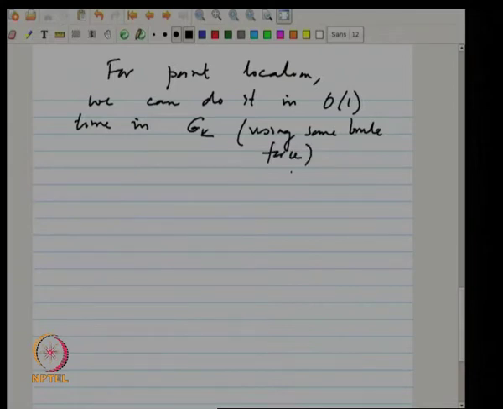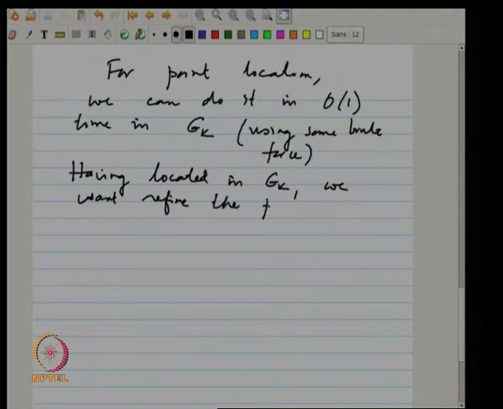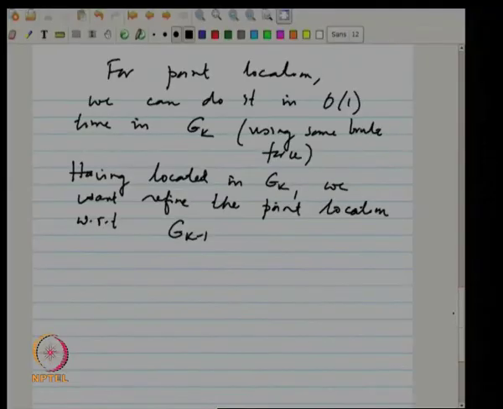Now, having located in G k, we want to refine the point location with respect to G k minus 1. And then having located the point in the subdivision of G k minus 1, we want to proceed backwards and refine the point location in G k minus 2, and eventually do the point location all the way to G naught, which was the original planar subdivision. Then we will be done.